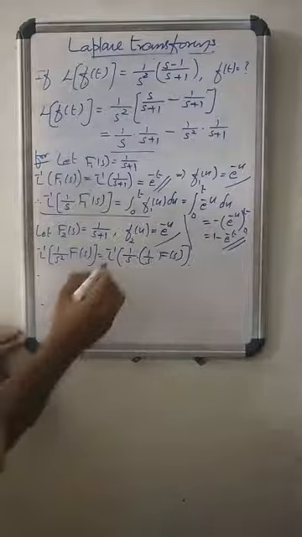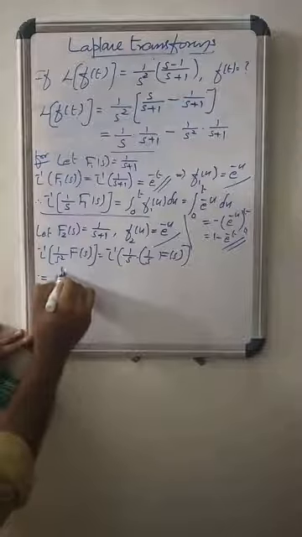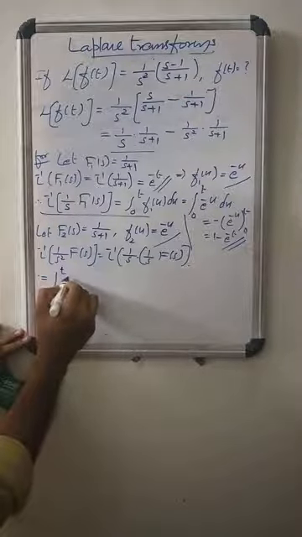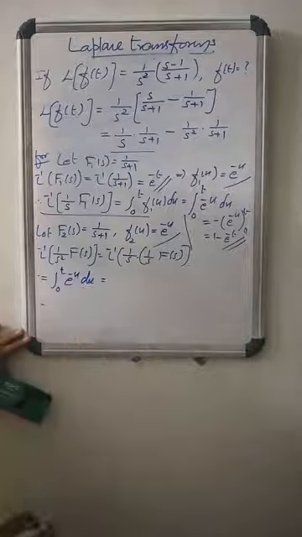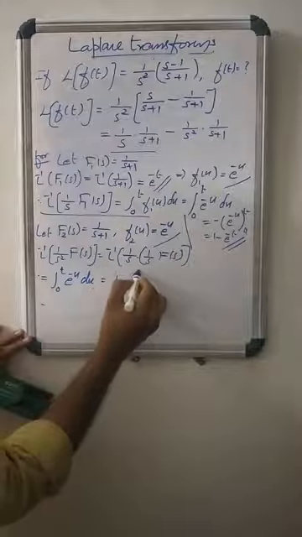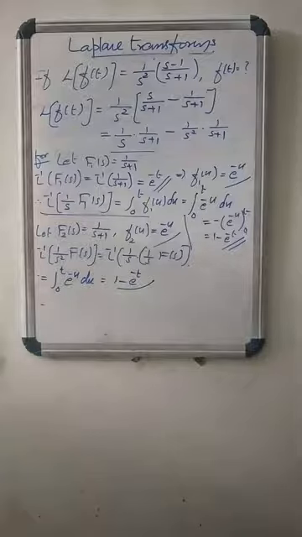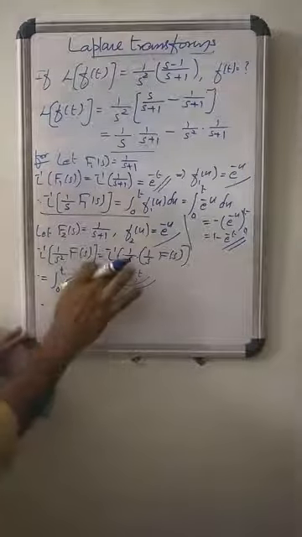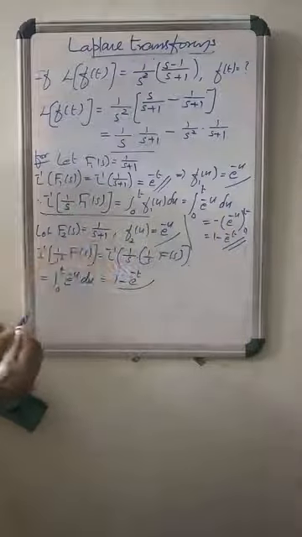First you consider 1/s into f(s), which equals integral 0 to t f2(u) du, that is e power minus u du, which is 1 minus e power minus t. But you can integrate again, because it is L inverse of 1/s².